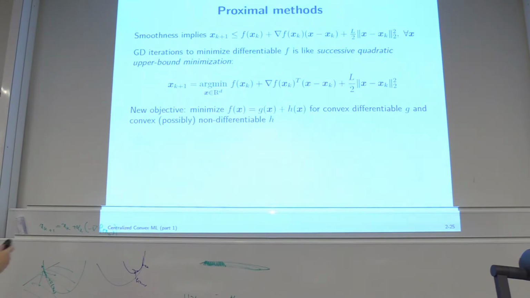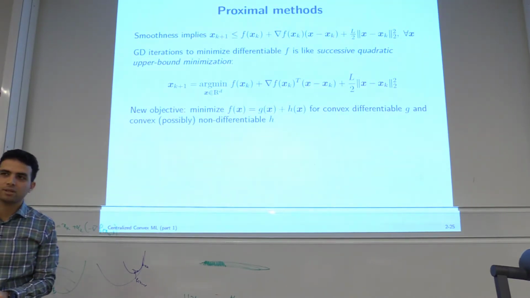Okay. Now, that's quite great, but what would happen if instead of minimizing f or minimizing g, say, you want to minimize g plus some h, where g is convex differentiable, which is just fine. We know how to handle g, but we don't know how to handle h because it might be non-differentiable.